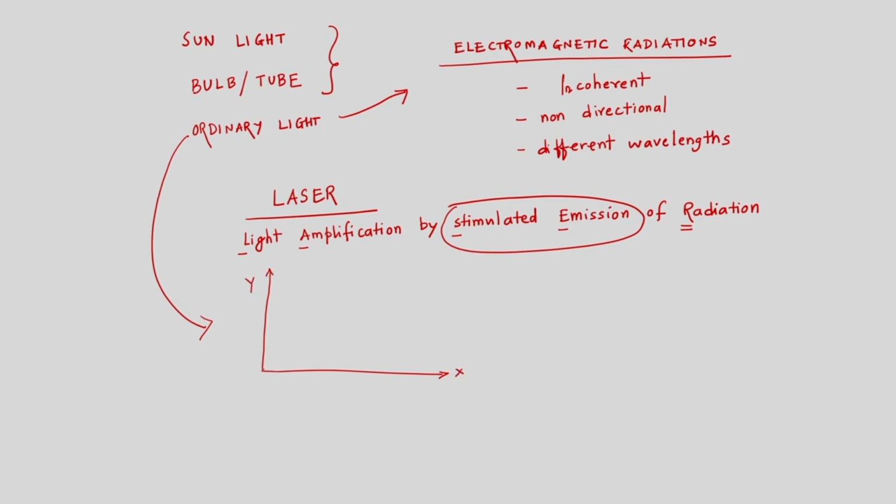Suppose we have one wave like this, then another wave of radiation may not start from the origin, it will start from some other position, or we can have another wave like this. So, this we can call the incoherent waves of ordinary light.